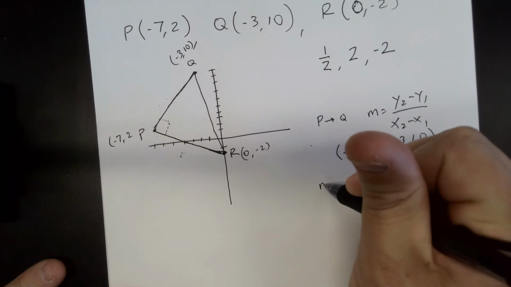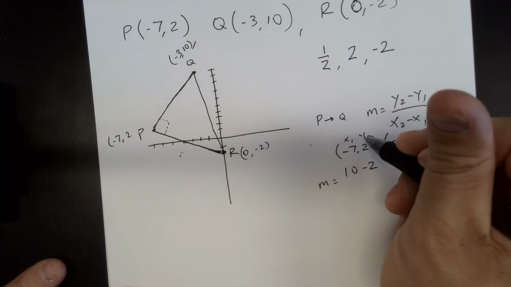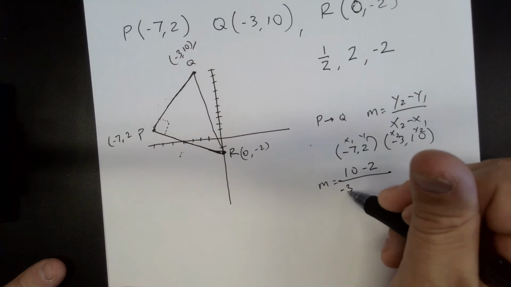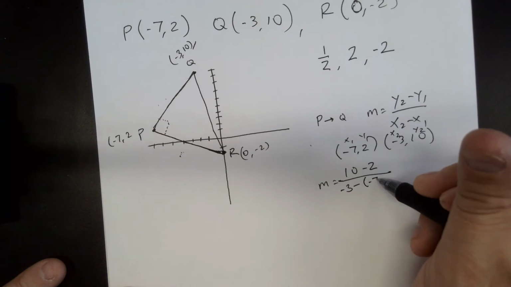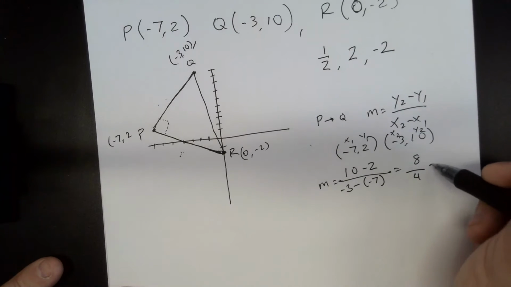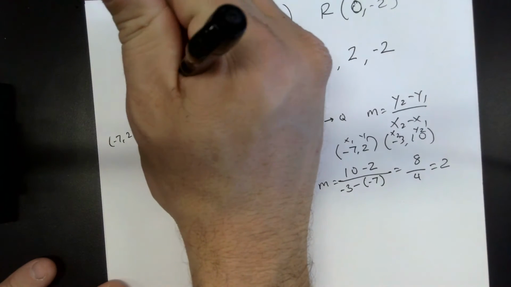We go 10 minus 2 over -3 minus -7, which gives 8 over 4, or 2. So we know the slope of this line is 2.